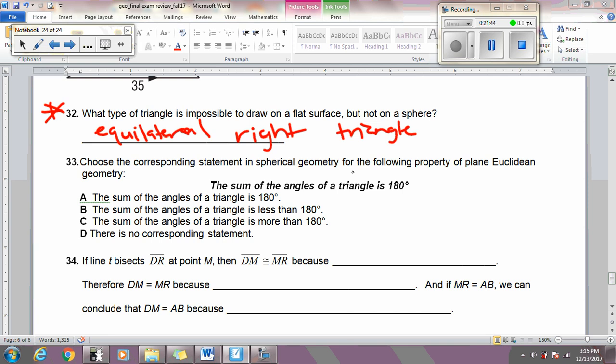However, if you were to draw a triangle on a sphere or globe, think of a globe or a ball, the sum of the angles is more than 180. We don't know exactly how much, but we just know that it is more. So keep that in mind. Again, remember these two questions specifically and their answers. I am giving you a big hint.